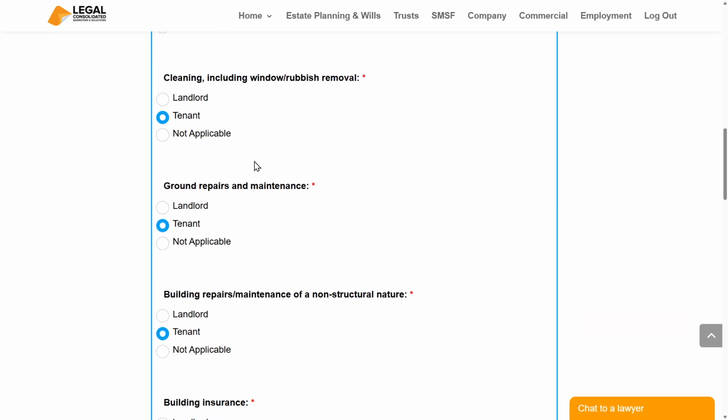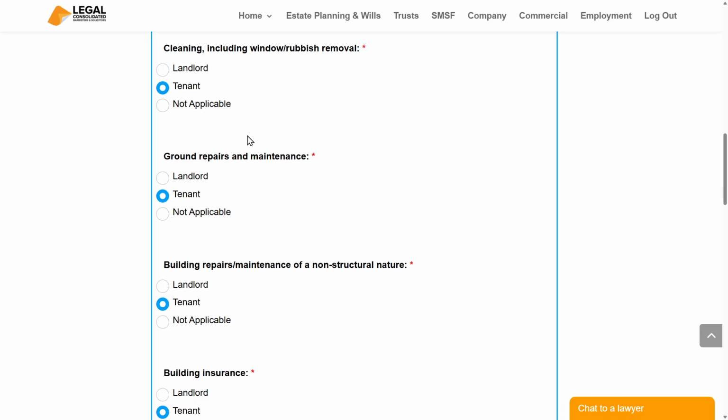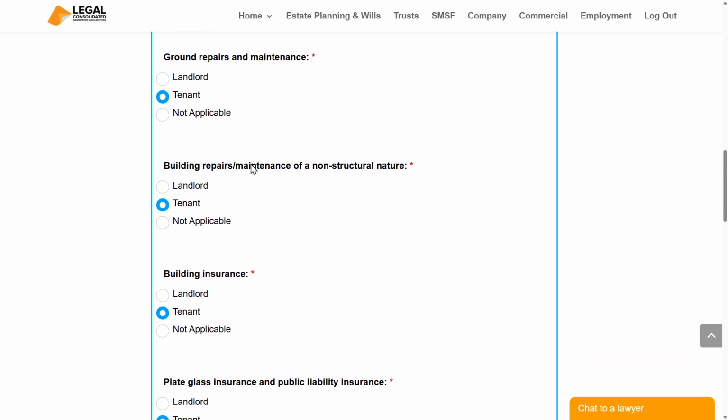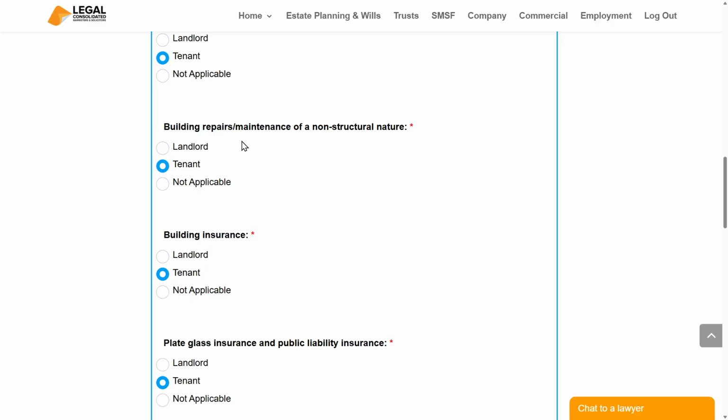Cleaning. So this might be common areas, or you might want to have the garden cleaned if it's got grass areas and things, so the tenant can pay that. Ground repairs, similar. Building repairs and maintenance, well, of a non-structural nature.